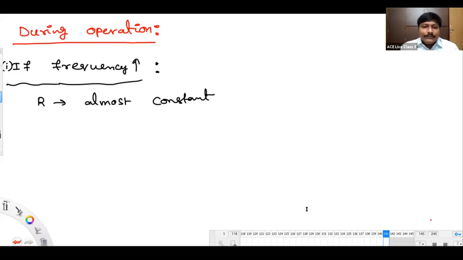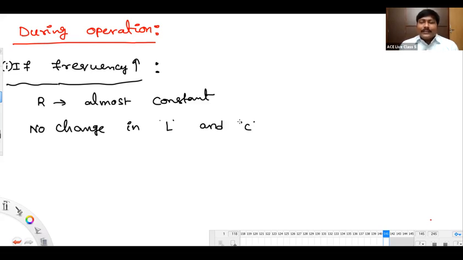I think you are clear. No change in L and C values. But XL and XC will change. Inductive reactance will change. Capacitive reactance also changes. But I don't have any change in the values of L and C. See, these RLC parameters depend upon the dimensions of the system.